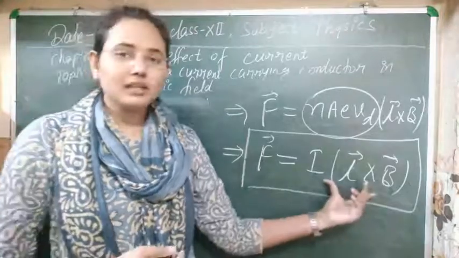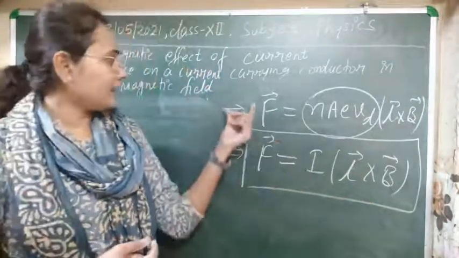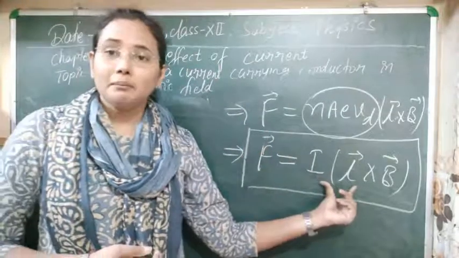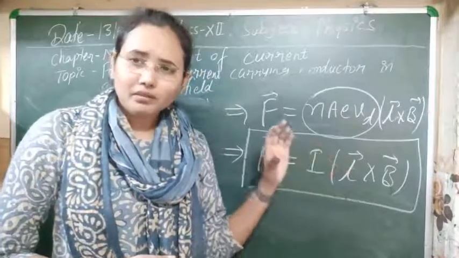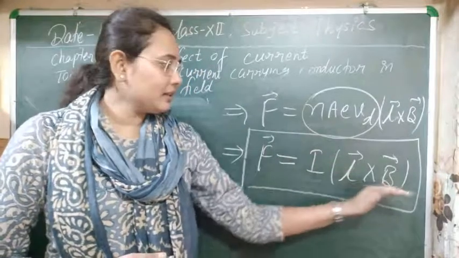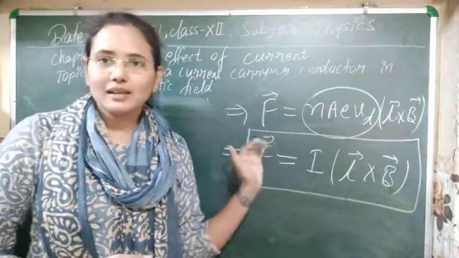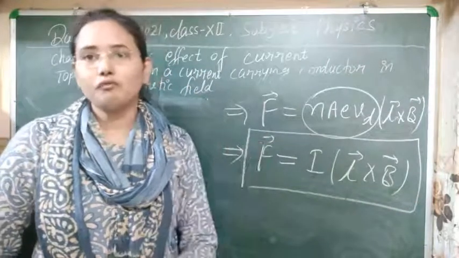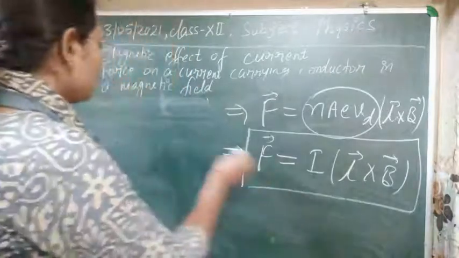So here it is the same thing: if any current carrying conductor is carrying current over the length L, means if this current element is perpendicular to this magnetic field, then the conductor will also experience a force that will be perpendicular to both of these two. Clear? I think there is now no confusion.